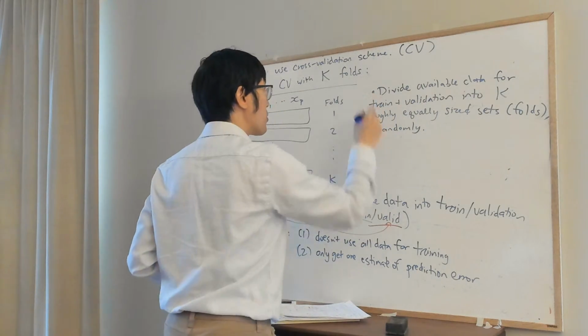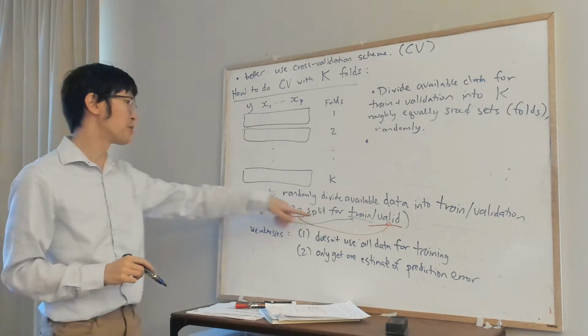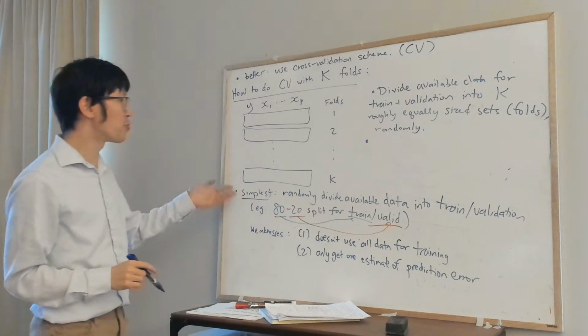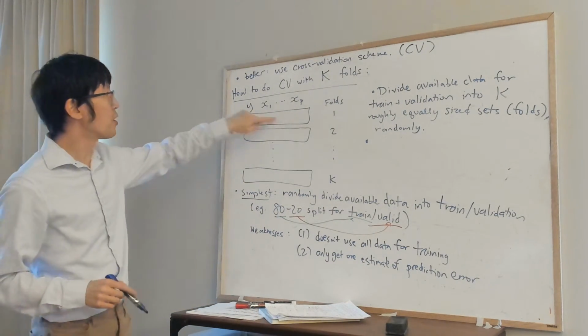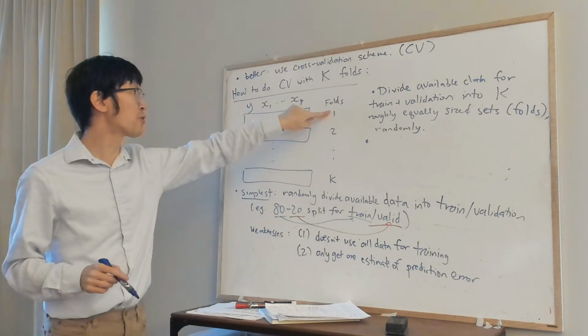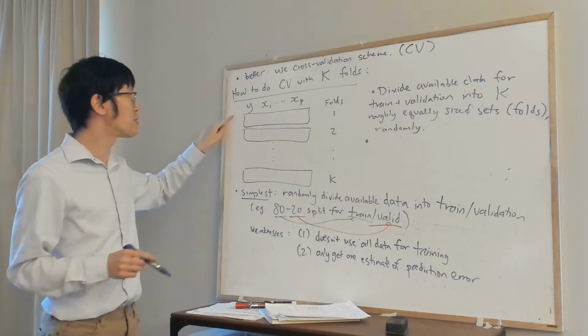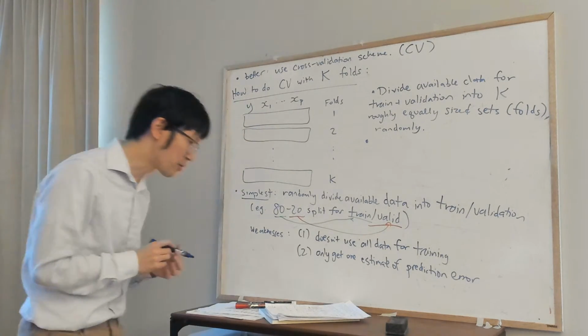So what we do then is we basically do this process. We kind of talked about this: once we train and validate, instead of doing it once, we do it k times. So it's pretty intuitive. If you're working on fold 1, then you treat this block as your validation sample, and you train your model on everything else.